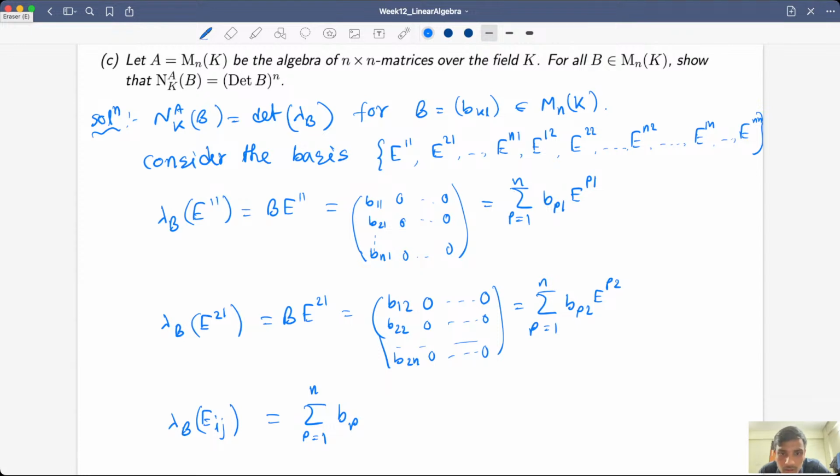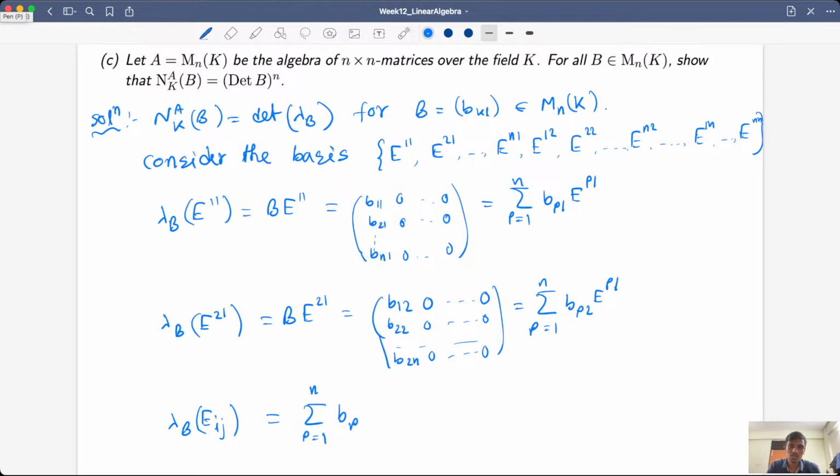Okay, this I probably missed. This is not P2, right? This is again 1 1, this is 2, yes. So this is not, this is also P1, right?